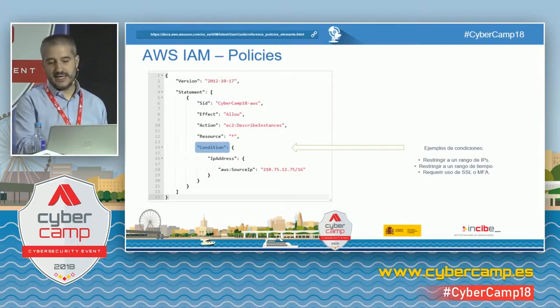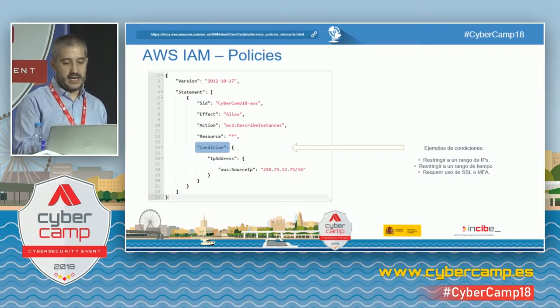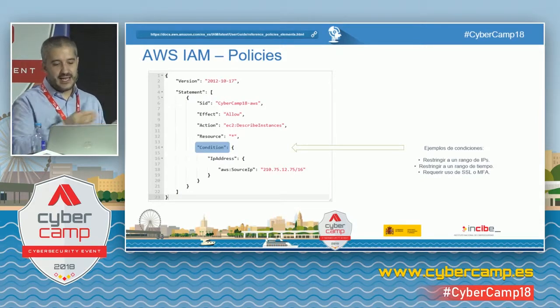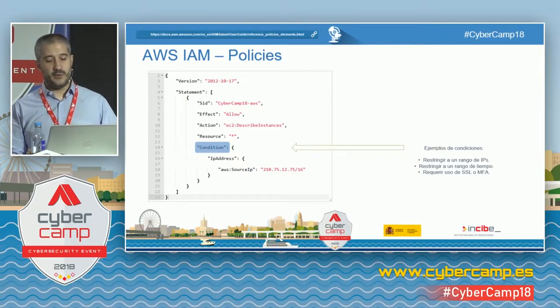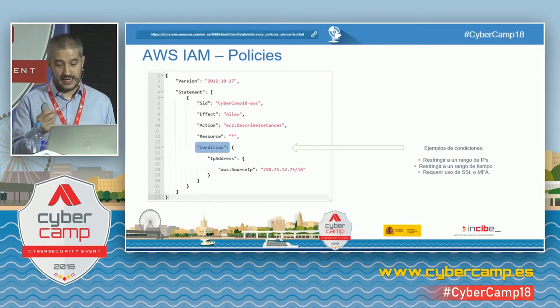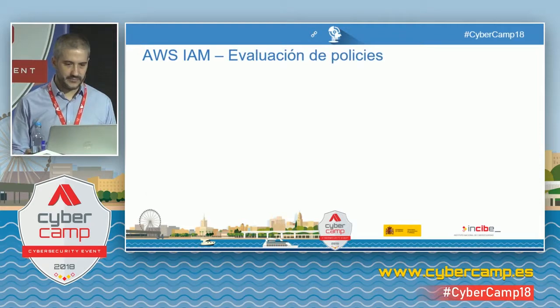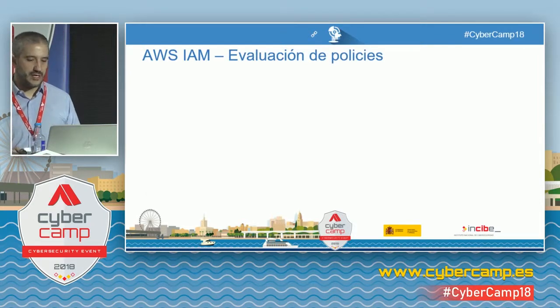The conditions here are to limit more or less. For instance, if the IP making the call has to fall within a particular range, or if whoever is doing it needs to have multi-factor activated, or if the connection has to be secure.